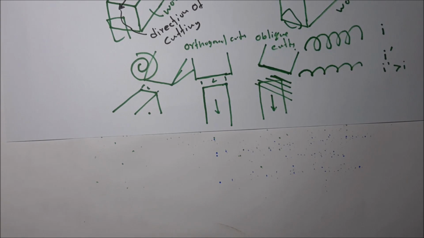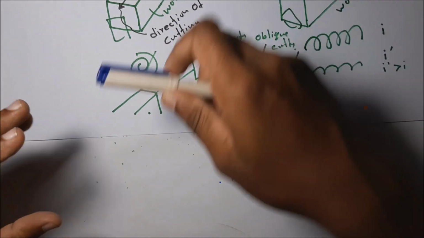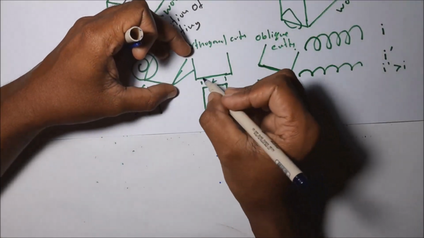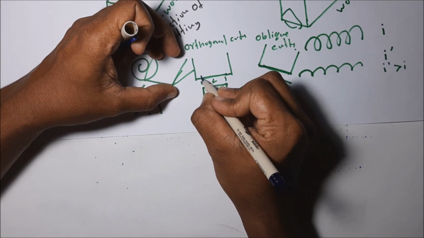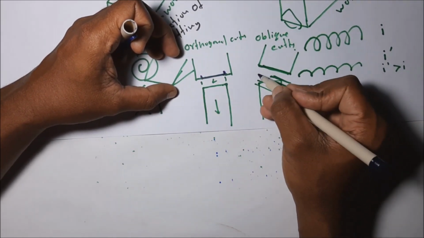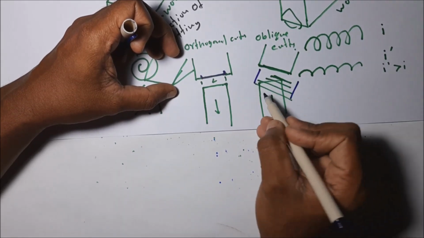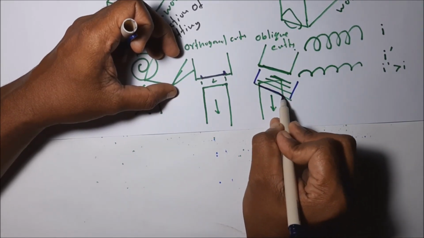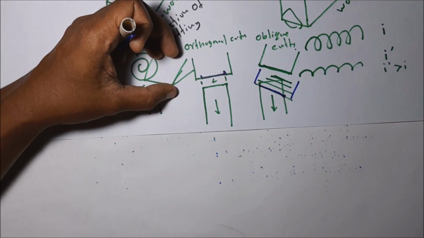Another important thing you can notice: the metal cutting operation is limited to a small area in orthogonal cutting, but in oblique cutting it is spread over a wide length of the cutting edge.